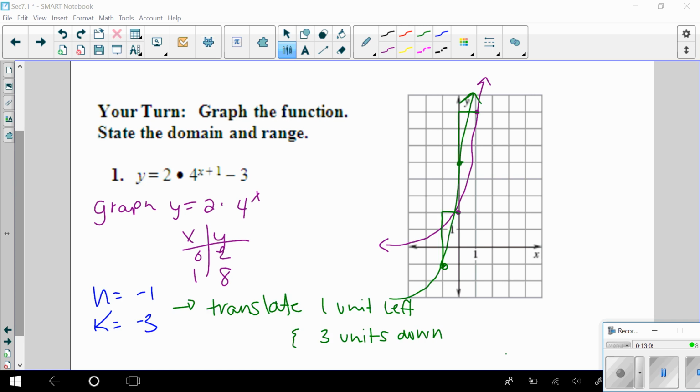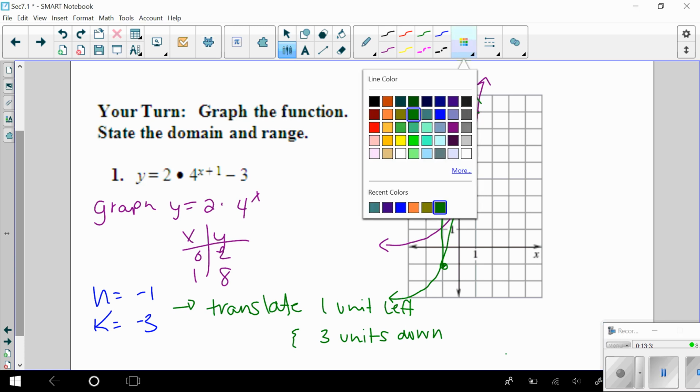Then you want to translate each of those points 1 unit to the left and 3 units down, because your h value is -1 and your k value is -3. So -1 unit horizontally is to the left and -3 units vertically is down. And then you'll sketch your new graph, and that's the graph that I did in green. And now we want to define our domain and range.